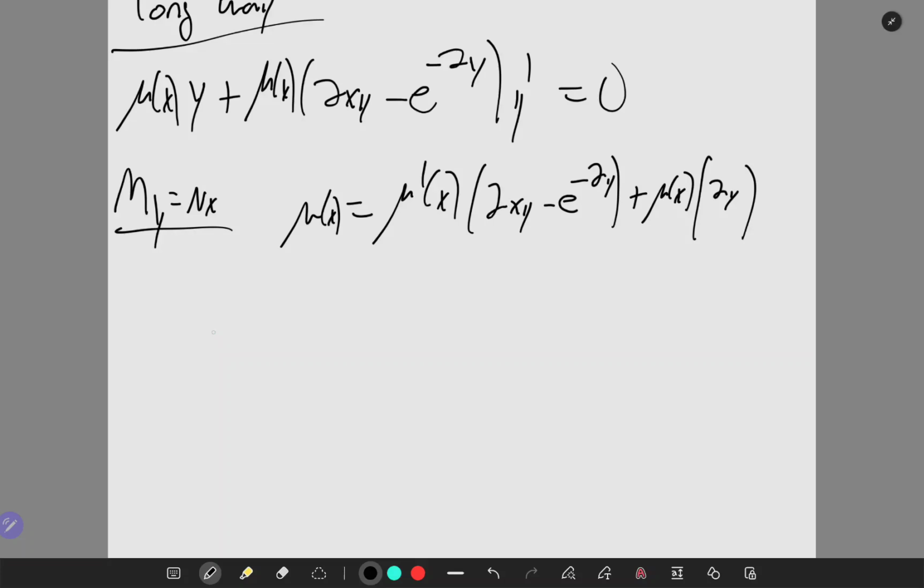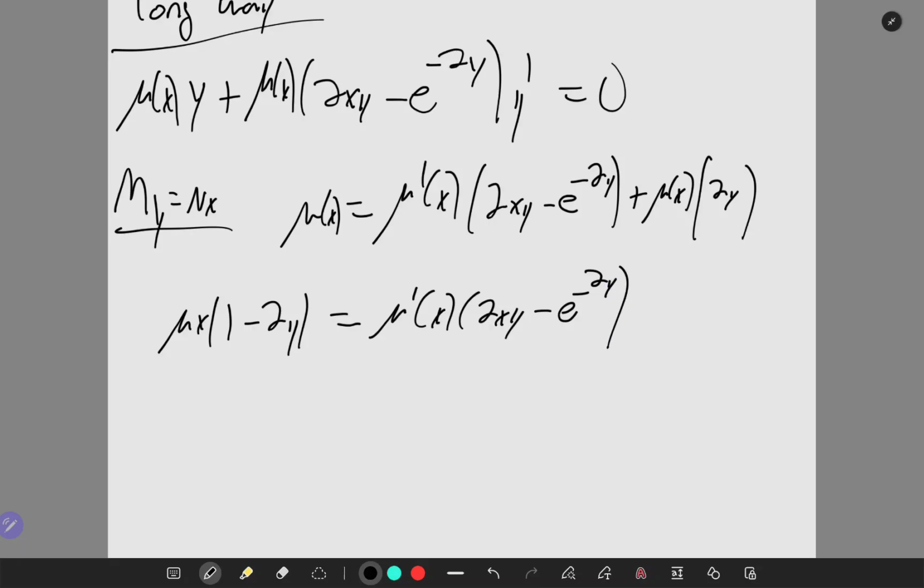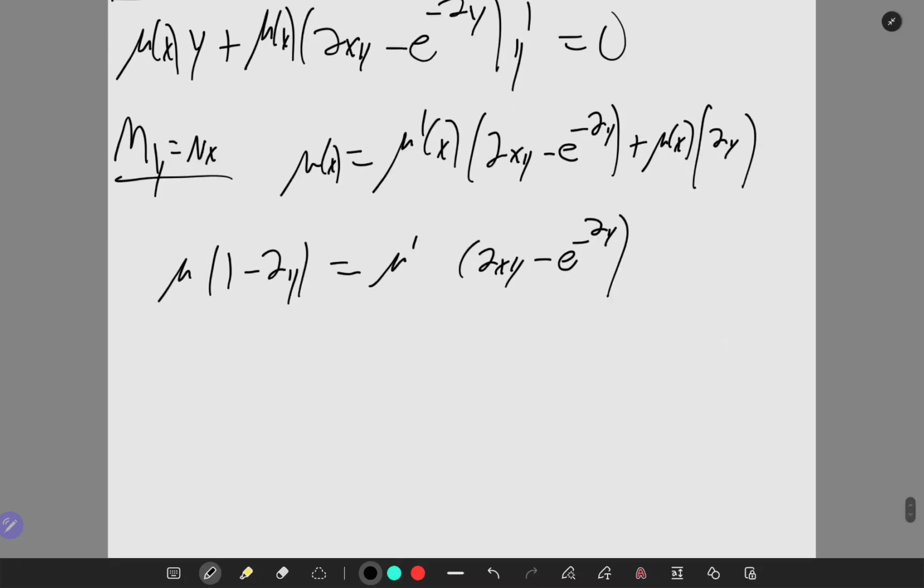So this will become mu of x on the outside of 1 minus 2y, is equal to mu prime of x times 2xy minus e to the minus 2y. Let's divide that over. I'm going to remove the x's here just to simplify this. Mu times 1 minus 2y over 2xy minus e to the minus 2y.